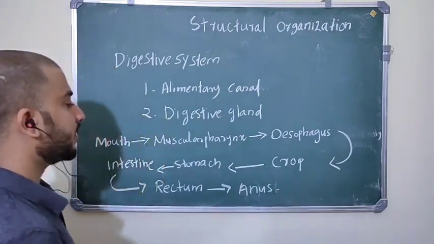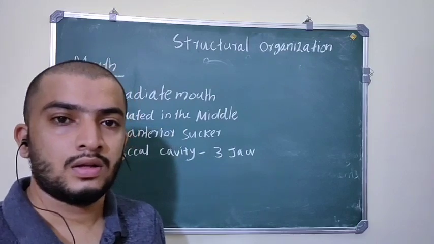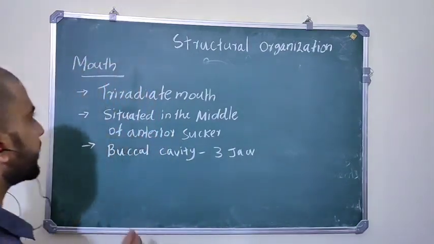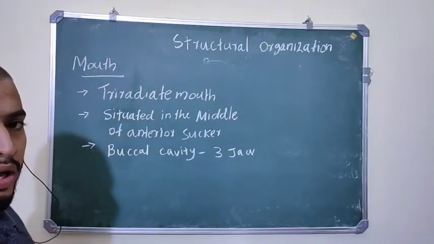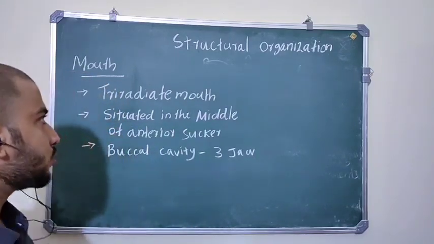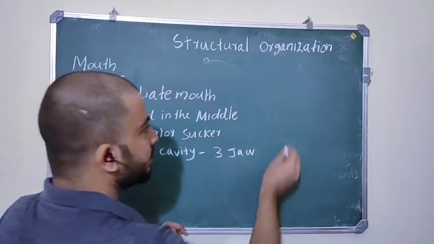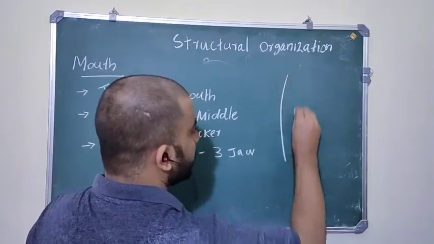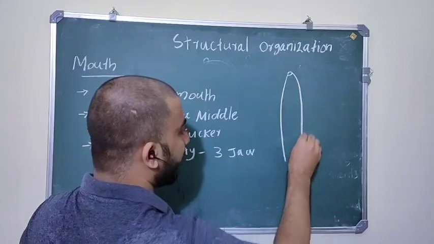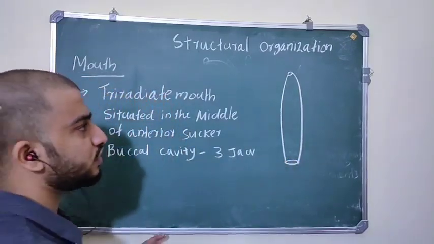Okay, next we are going to discuss the mouth. It is the first part of the alimentary canal. What is the important point about the mouth? It is found in the middle of the anterior sucker. You already studied the anterior sucker and posterior sucker.